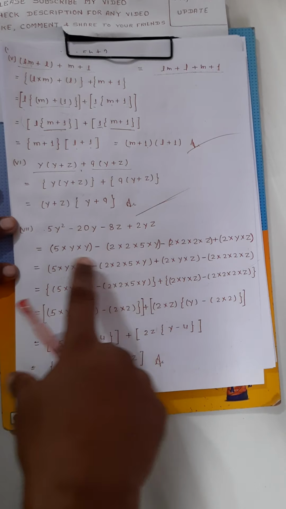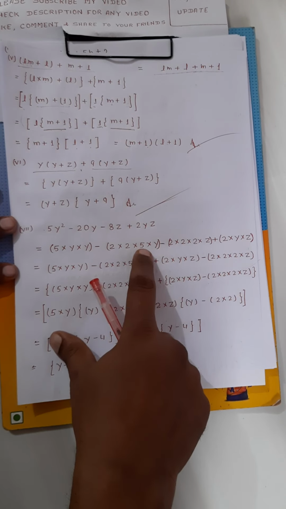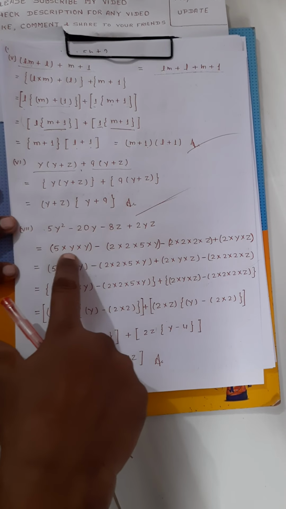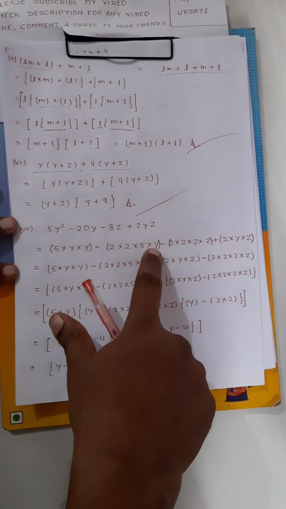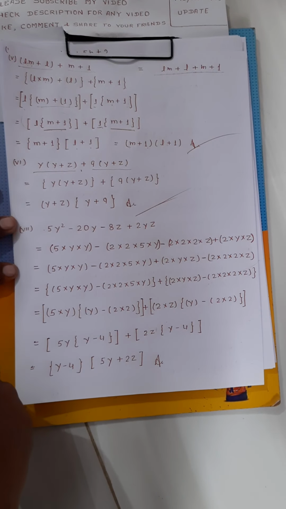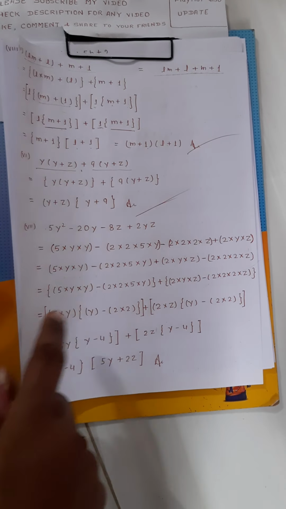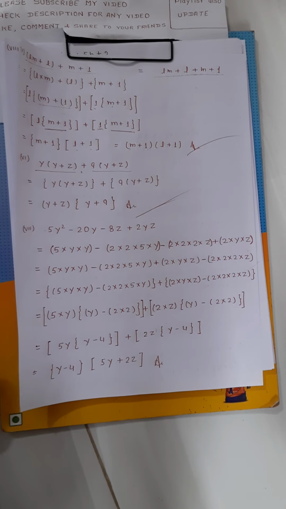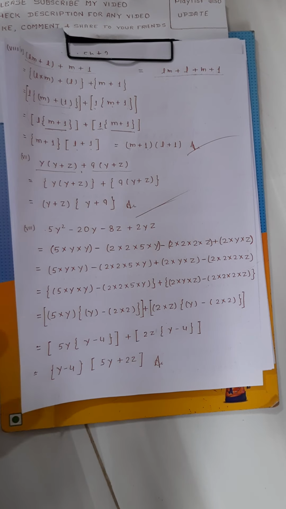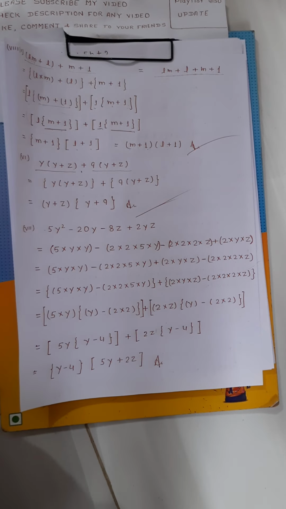Now 5 is here, 5 is also here, but 5 is not here, so we cannot take out 5. If we check for y, y is here, but y is not here, so we cannot take out any common factor from all 4 terms. Now you know that here there are 4 terms, so we can use the regrouping method for the 4 terms.